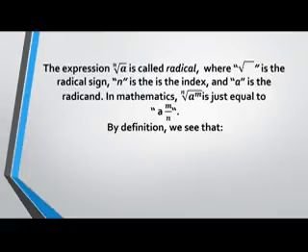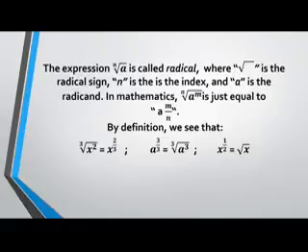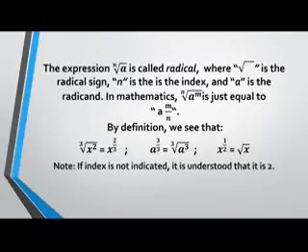So by definition, we see that the cube root of x squared is just equal to x raised to the power of 2/3. A raised to the power of 3 over 3 is just equal to the cube root of a raised to the power of 3. X to the power of 1/2 is just equal to the square root of x. And note, if the index is not indicated, it is understood that it is 2.